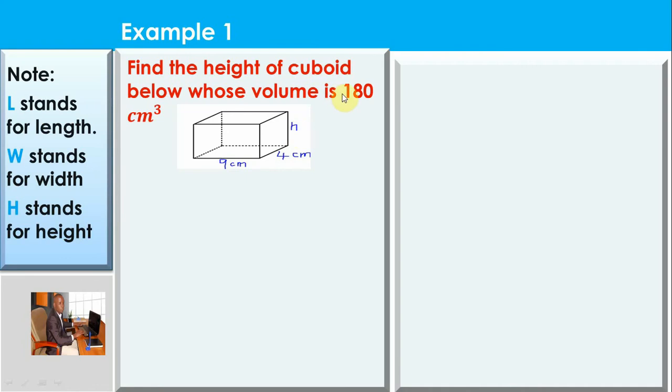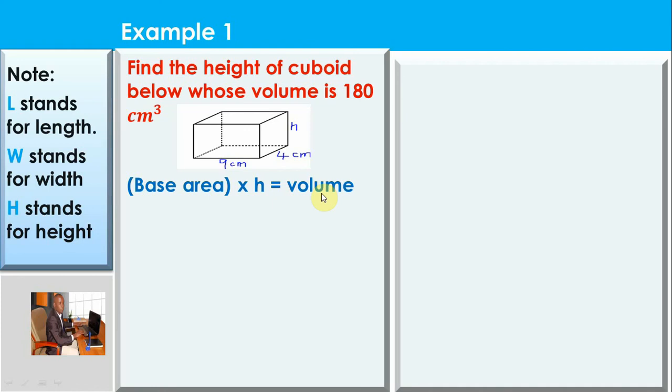But using the volume which is given, we can easily find the height. For us to find this height, we come back and say, how do we get the volume of a cuboid? That is why I said the first lesson is very important. Here we say base area times height equals volume.